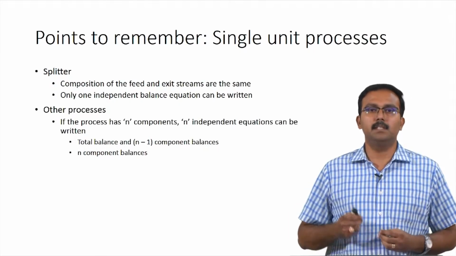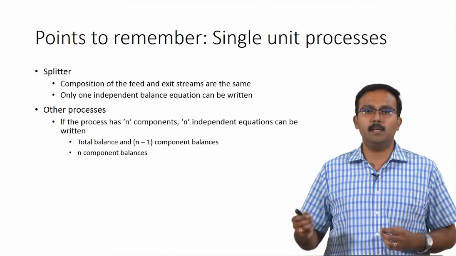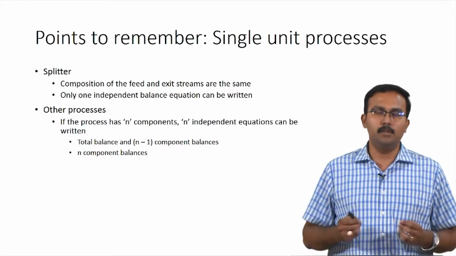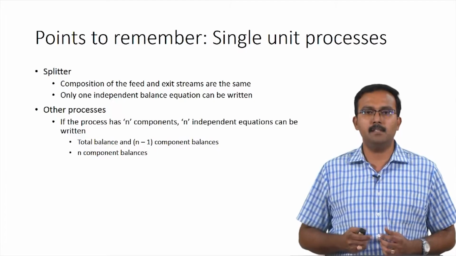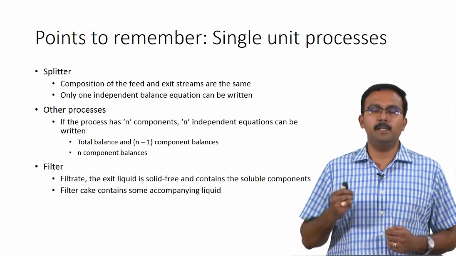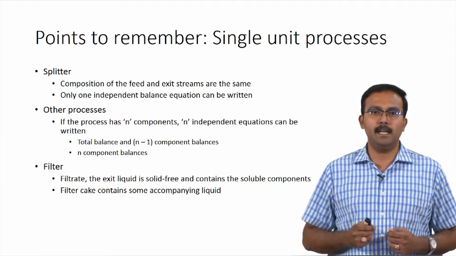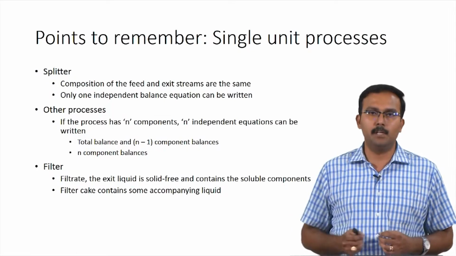For other processes, if the process has n components, then n independent equations can be written. This could be one total mass balance and n minus 1 component balances or n component balances themselves. In case of a filter, we need to understand that the filtrate is the exit liquid, which is solid free and contains the soluble components.